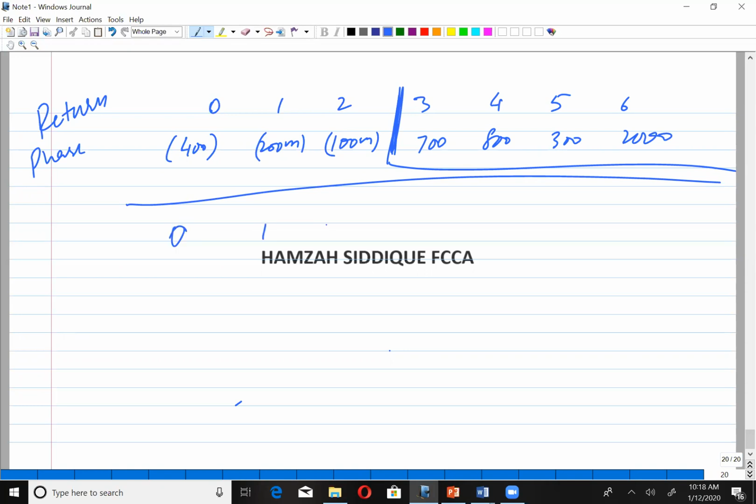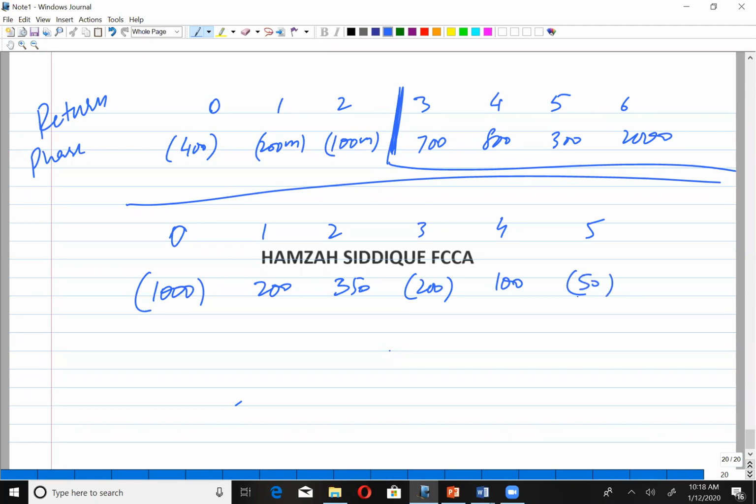Year 0, 1, 2, 3, 4, 5. Investment is 1000 and first positive cash flow is 200. Then 350 positive and here negative 200, 100. Again I say negative 50.